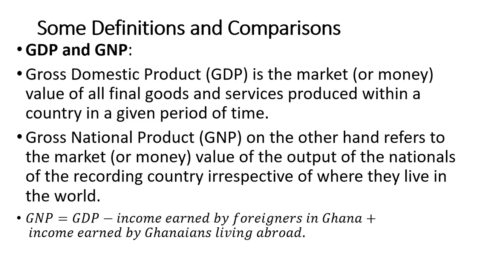The net factor income can be positive or negative depending on the difference between income earned by foreigners in Ghana and the income earned by Ghanaians living abroad. So in a nutshell, the GNP is simply trying to estimate how much citizens of a country have earned in a particular year, irrespective of where they live in the world.